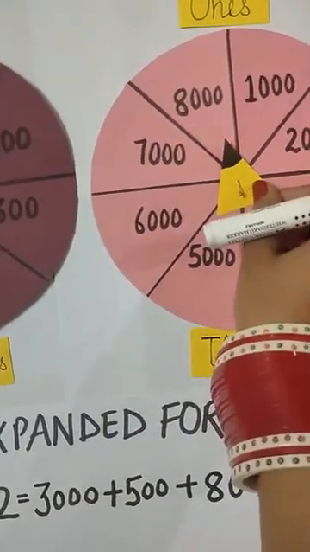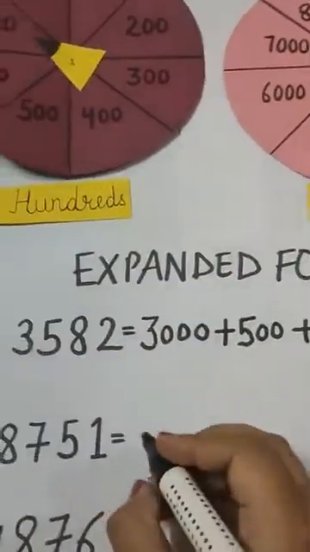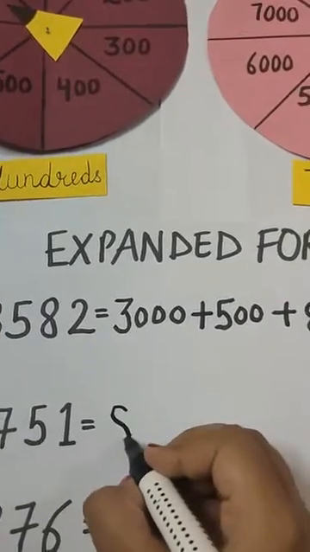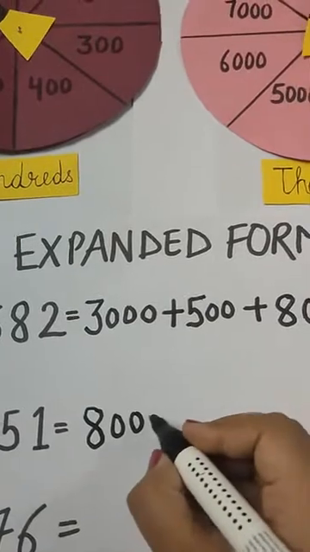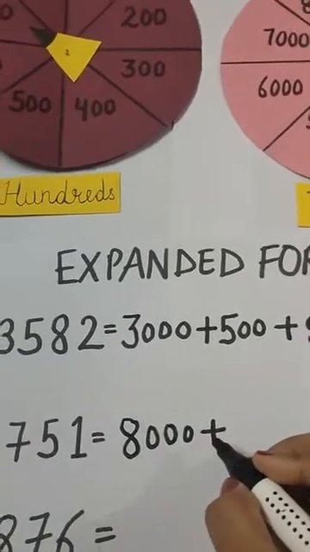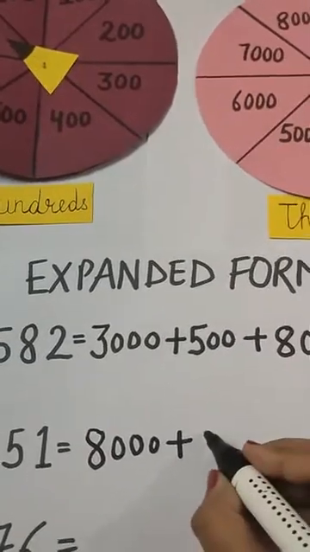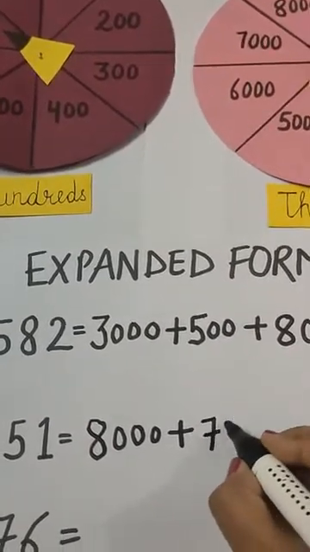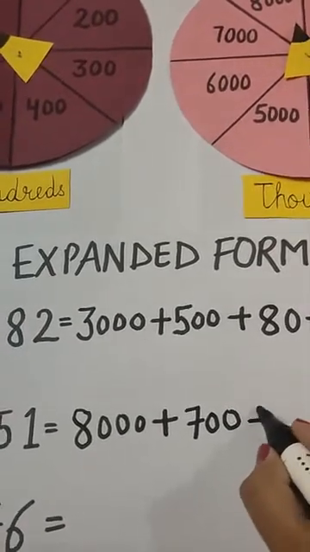Okay, that is 8000. So what will be the expanded form of this? As you can see, firstly we will write 8000, plus. Now what's the place value of this 7? That is 700. So here I will write 700, plus.